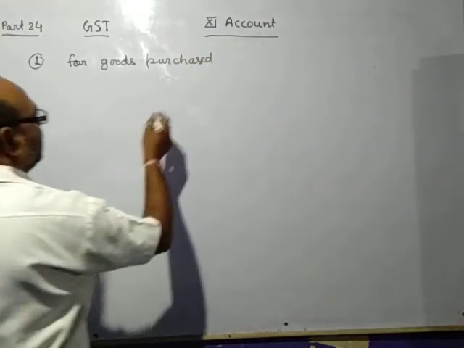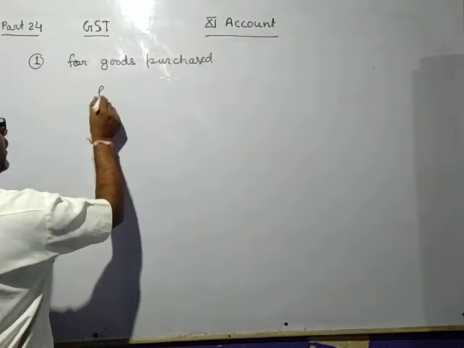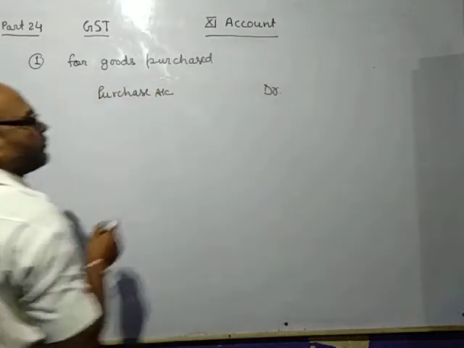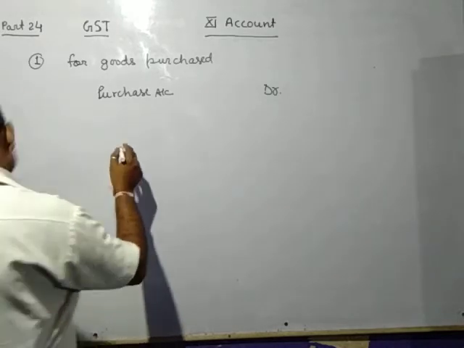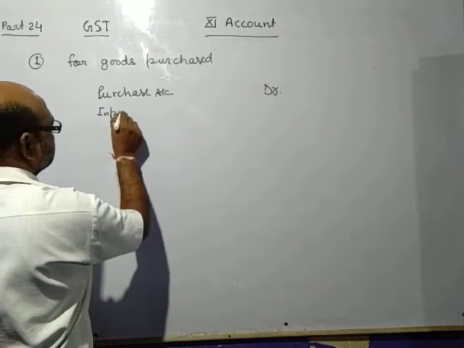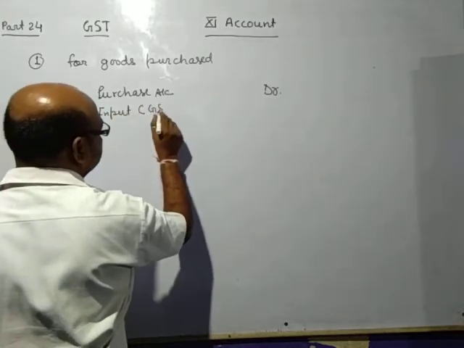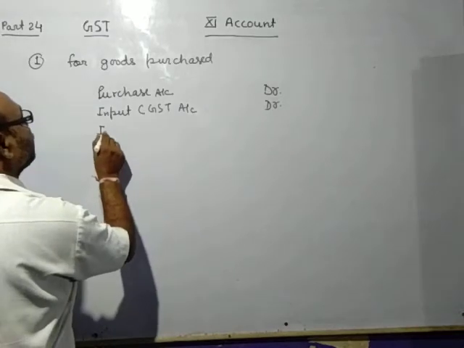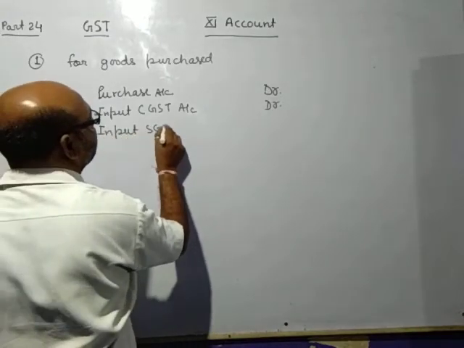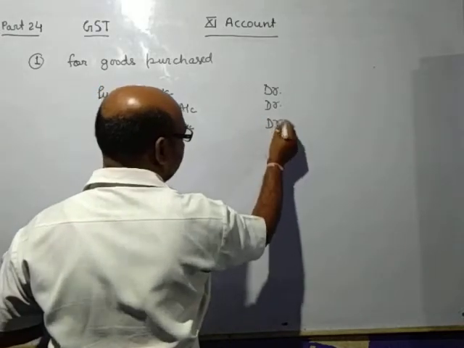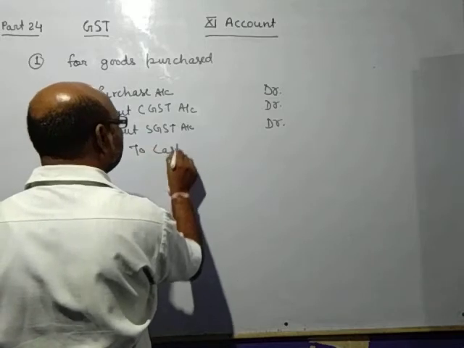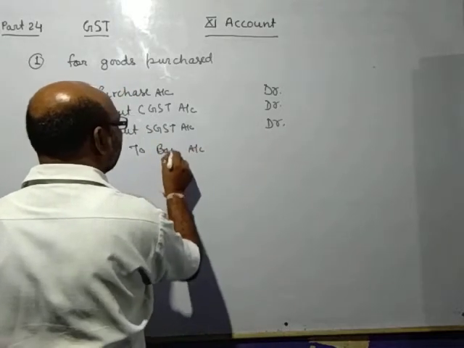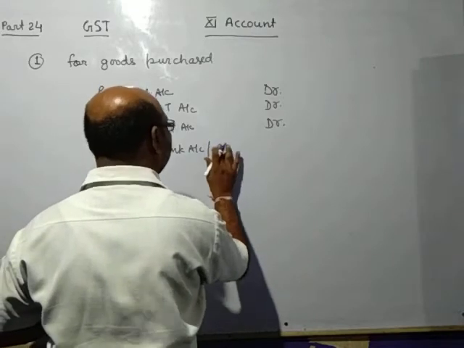Before this, you will record purchase account debit and input CGST account debit, input SGST account debit, to cash account or bank account or either creditor's account.